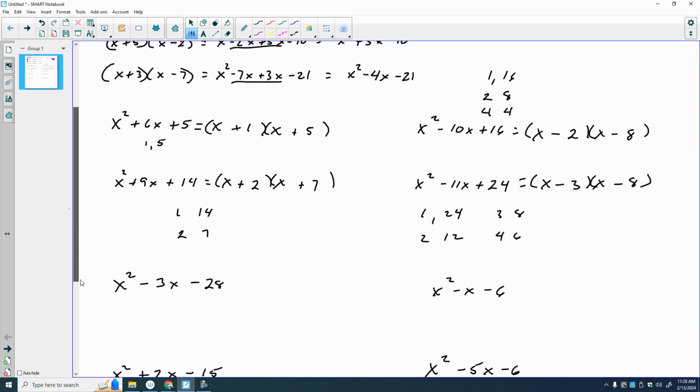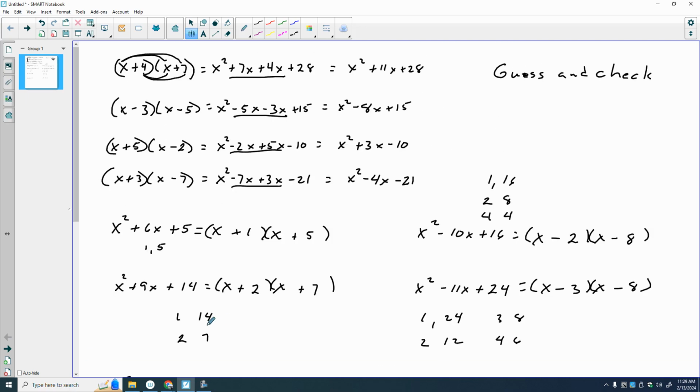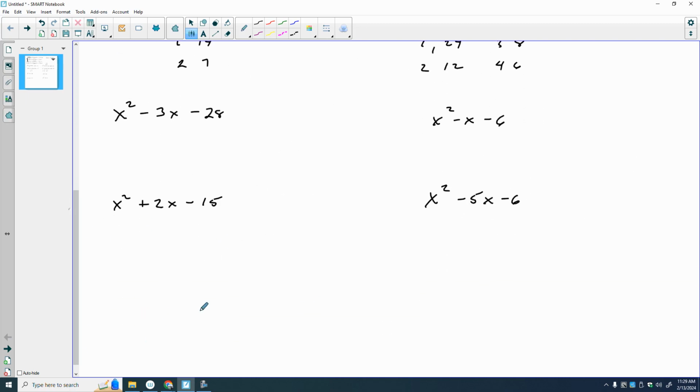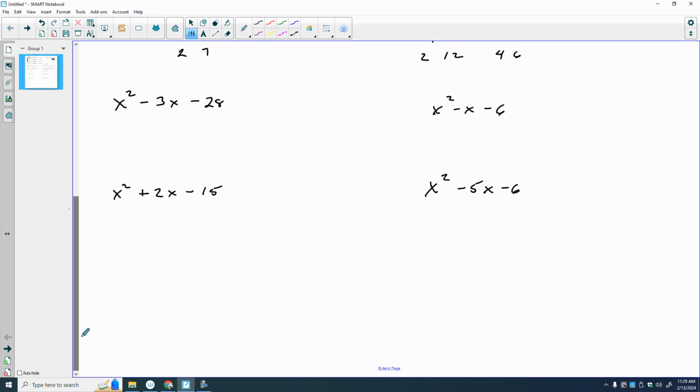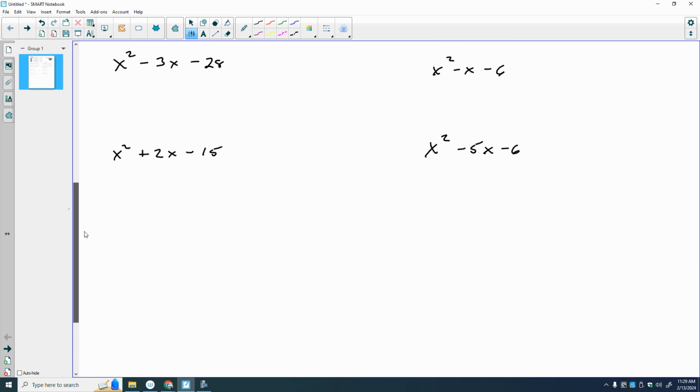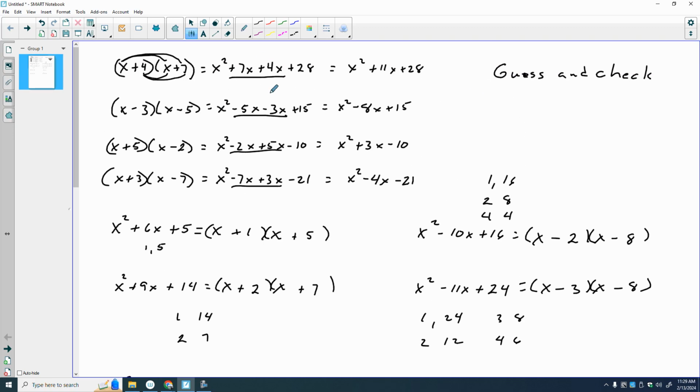Okay, let's switch gears. What if the second term is not positive? What if this third term is negative? So what if we have this? Remember, when my last term is negative, these signs will be different.